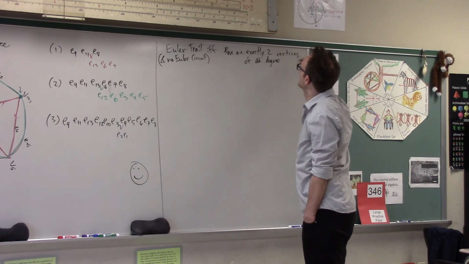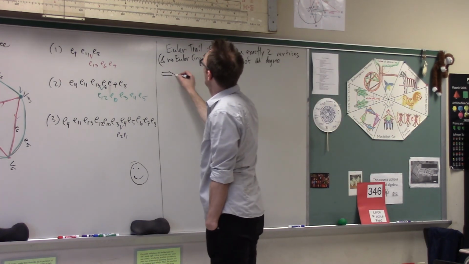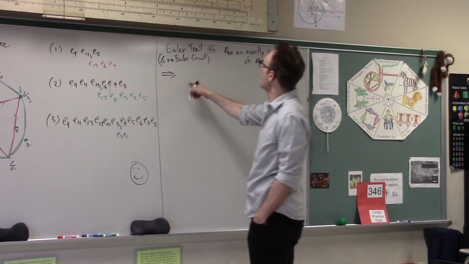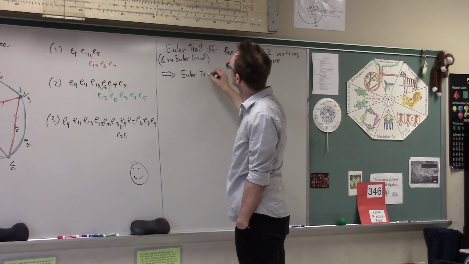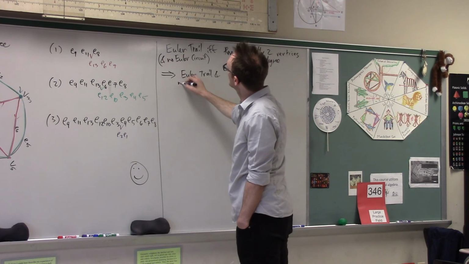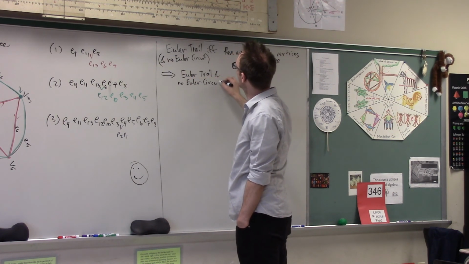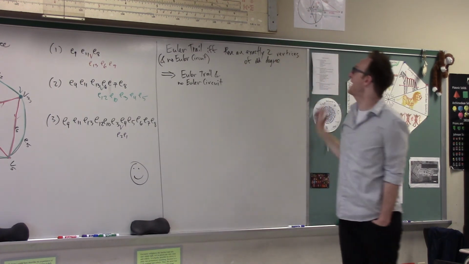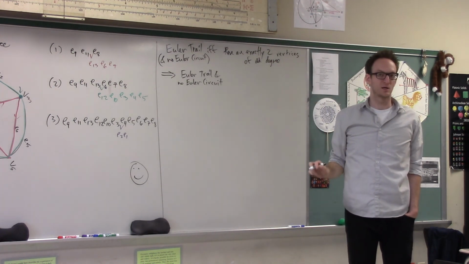Okay, so let's do it. Again, we'll just kind of talk this out. The forward direction I think is pretty chill. If there's an Euler trail and no Euler circuit, then we must show that there are exactly two vertices of odd degree.